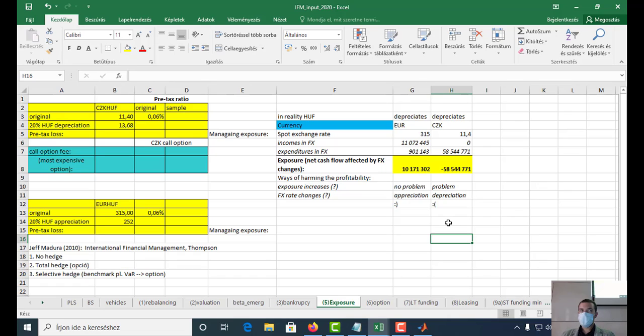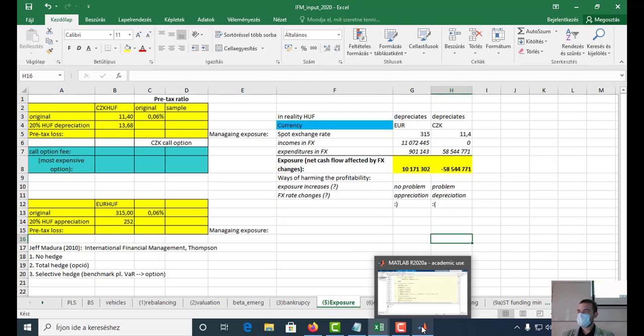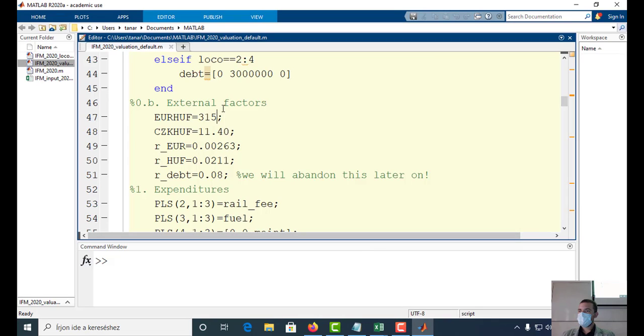So after that, let's see what is happening with the corporate profitability. First we will build up a four cycle and we just see what is happening under different exchange rates. Then we will define exchange rate combinations because they are much more reliable.